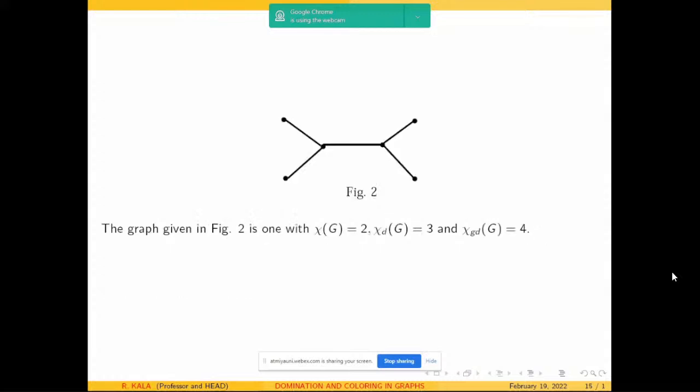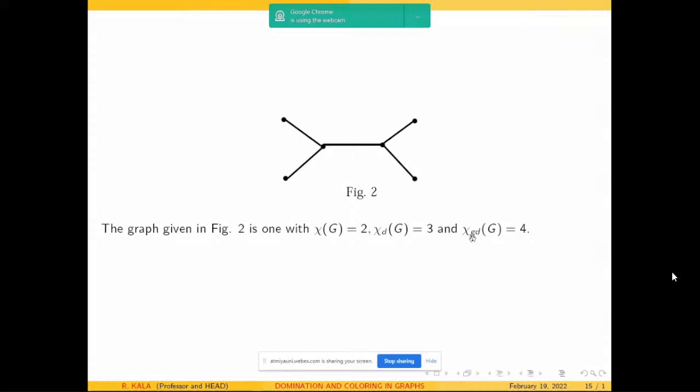If you look at this graph, you can see that chi is 2. And chi D, because this is a bi-star, I cannot manage with 2 colors, so I need 3. So chi D is 3. But this 3-coloring will not be a global dominator coloring, because in your 3-coloring this vertex will be given 1 color, this will be given the second color, and all the pendant vertices will be given the third color.